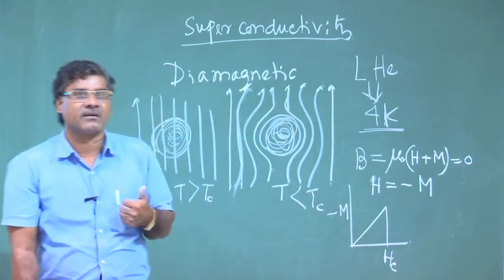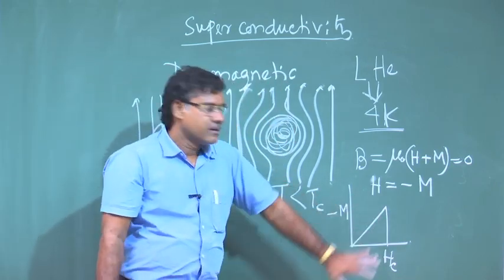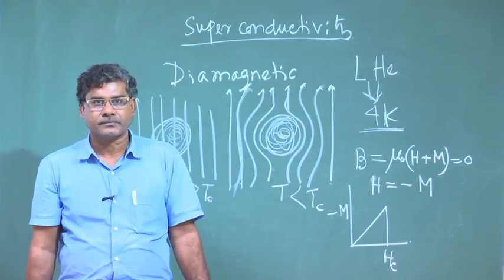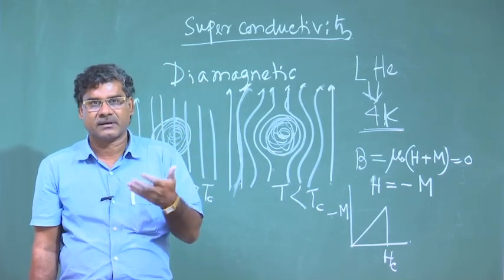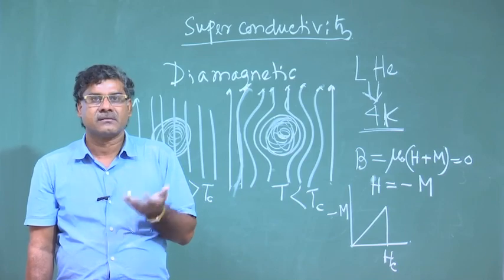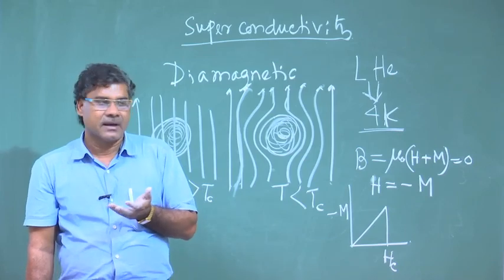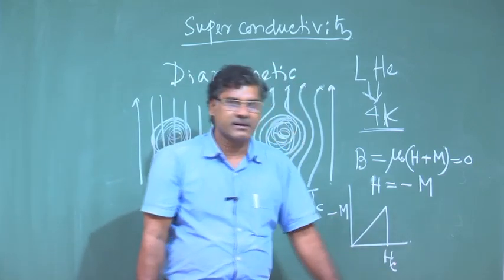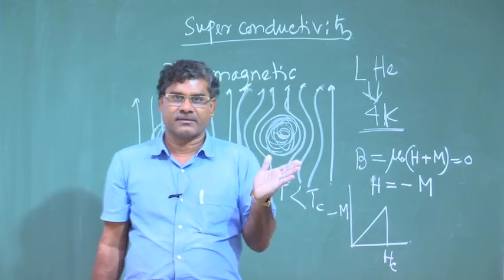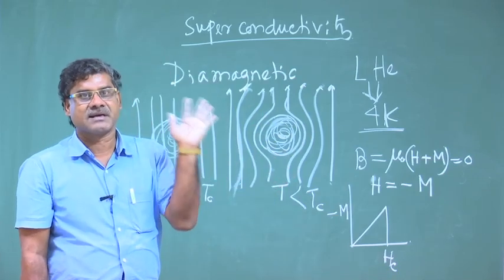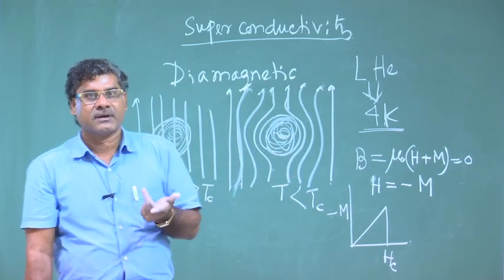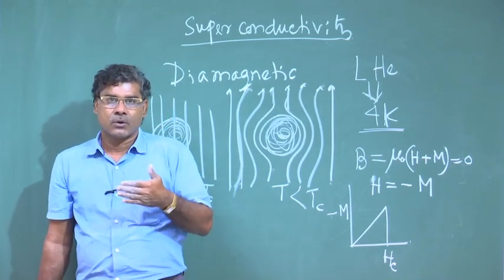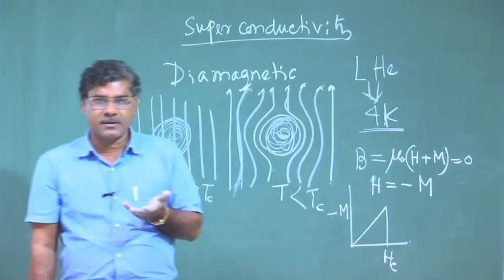Below this critical field the material is in the superconducting state, and above this critical field its phase changes and it goes to the normal state. So, not only temperature is important.